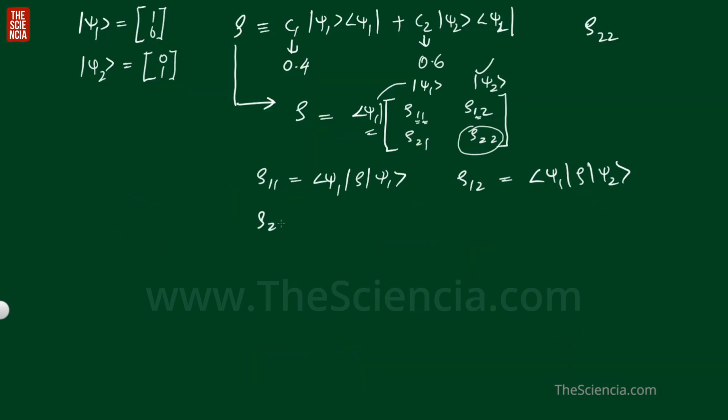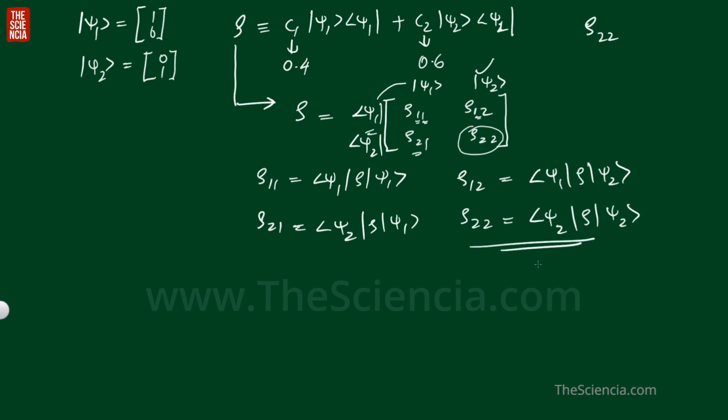Similarly rho 2 1 will be equal to bra psi 2 rho ket psi 1, and rho 2 2 will be equal to bra psi 2 rho ket psi 2. Okay, so this is what they asked us to find out. Here in this question they gave the rho value. So what you have to do?